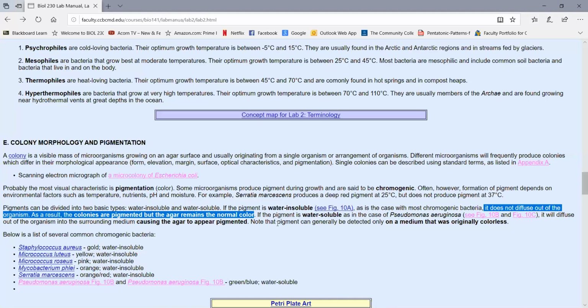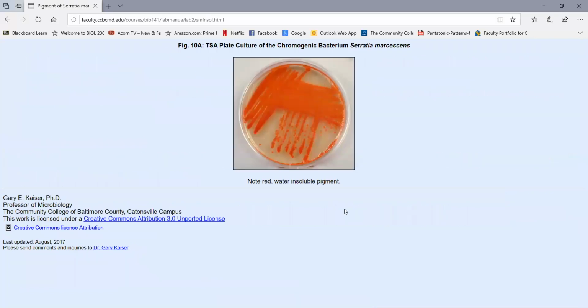Now, when we look for pigment production in bacteria, we need to use a plain medium that doesn't have color. A lot of the media we'll use during the semester has special chemicals added that give it a color. So we can't really detect pigment there because that's the color of the agar, not the color of the bacterium. But on a plain medium then, as we see in figure 10a, with water-insoluble pigment, like this plate of Serratia marcescens, this produces a red water-insoluble pigment.